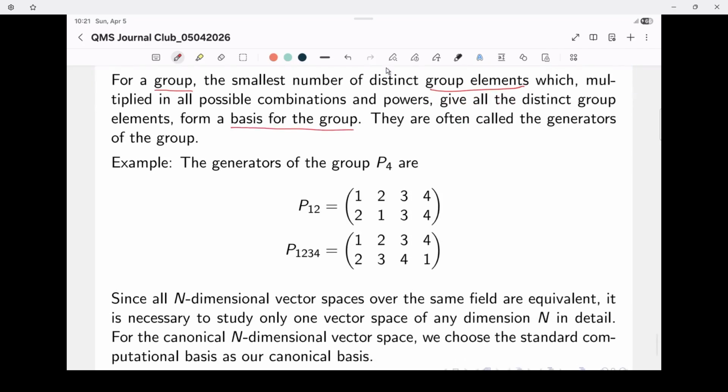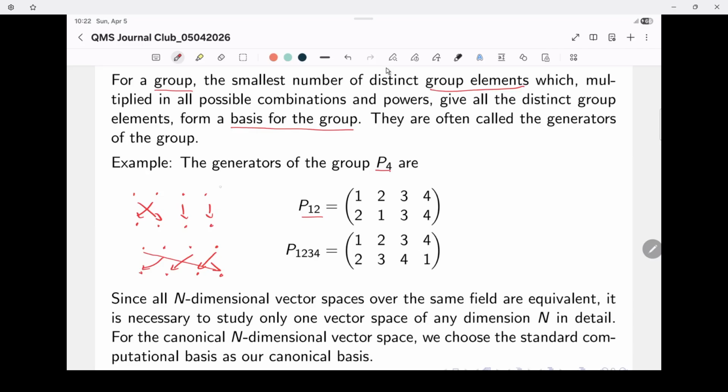For example, if you have P4, what you actually need is something like this, and then switch like this.